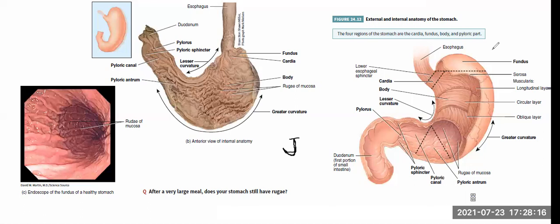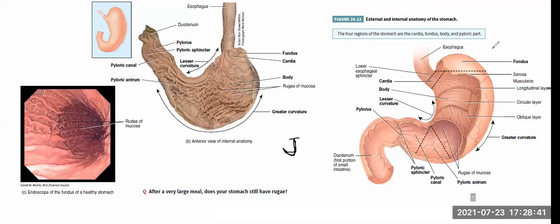Further digestion of these proteins takes place in the duodenum. When food moves into the duodenum, it has various juices and enzymes that help completely digest the proteins it receives from the stomach.